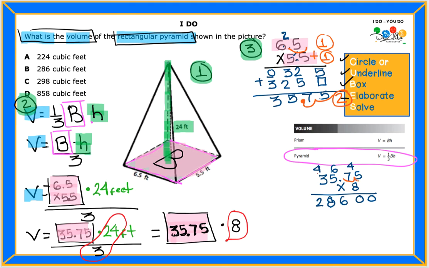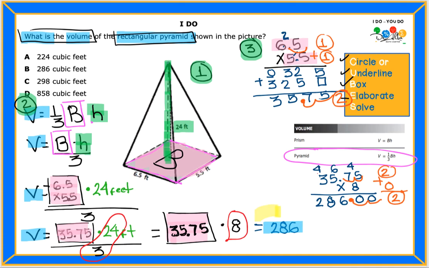This factor has 2 decimals. This one has none. So the total will be 2. From right to left, we're going to move the decimal point twice. So when we multiply 35.75 times 8, we get 286. And this is our volume that we're looking for.